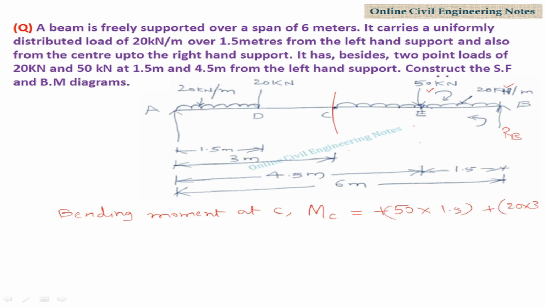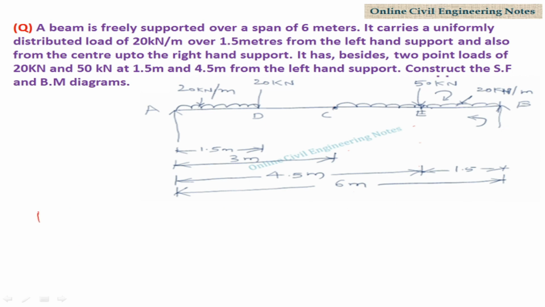UDL is 20 and its distance is 3 into half of 3, that is 3 by 2, minus RB is 91.25 into perpendicular distance 3. Therefore moment at MC is equal to minus 108.75 kilonewton meter.